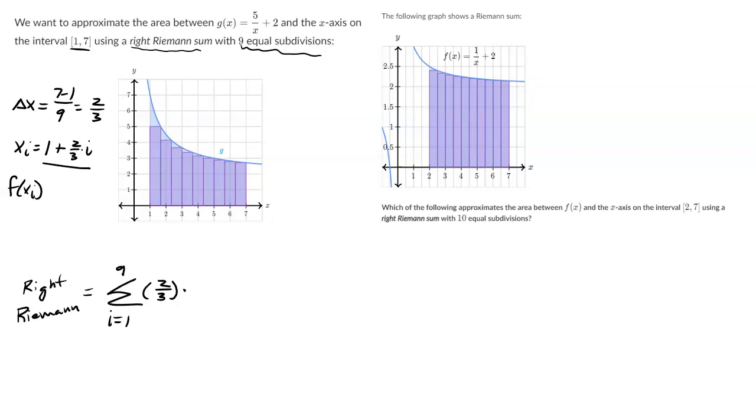Oh, I guess it's actually g of x sub i, but that's fine. So put that information in place of x. Okay, so this is what I am multiplying by.